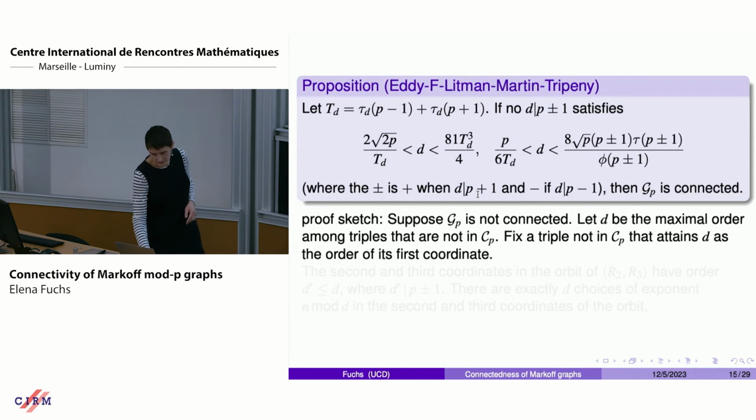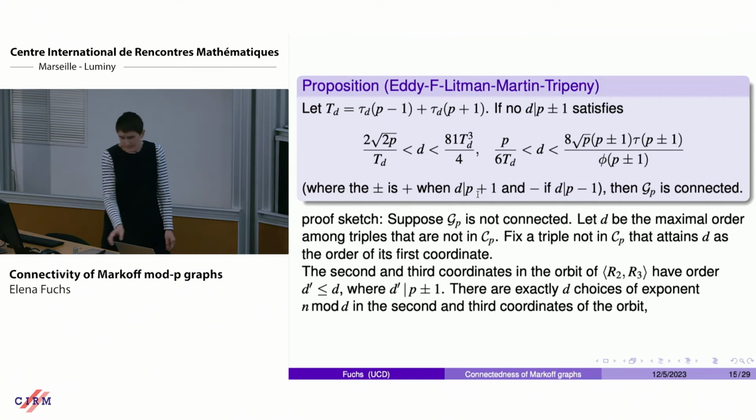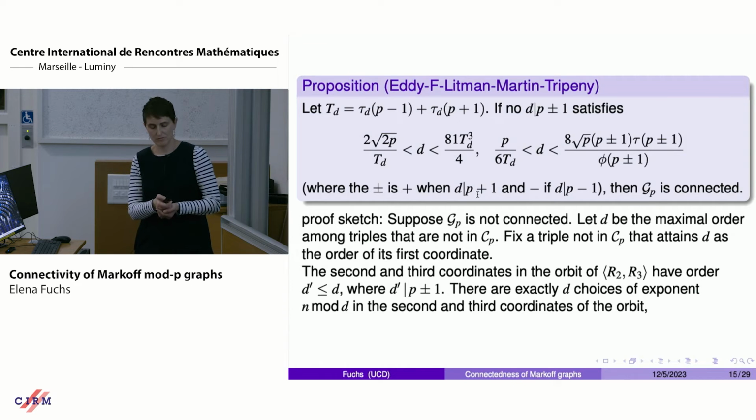That's not losing any generality. What happens to the second and third coordinates in the orbit of R2 and R3 acting on this triple we're fixing? First of all, they will have order less than or equal to D, because they're also not in the big connected component, since they're connected to the one that's not in the connected component. So by the maximality of D, this should be true.